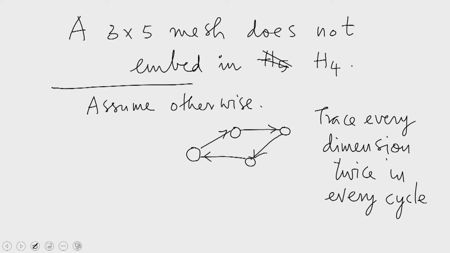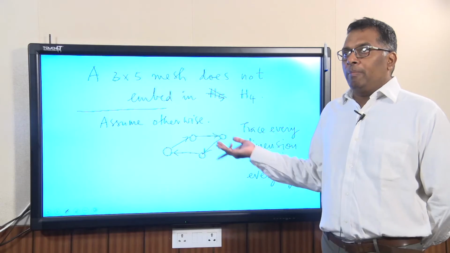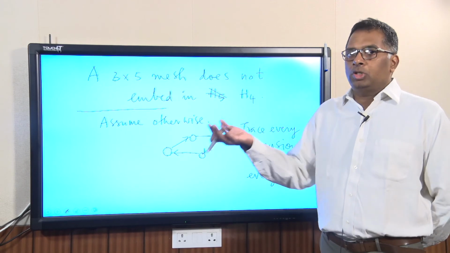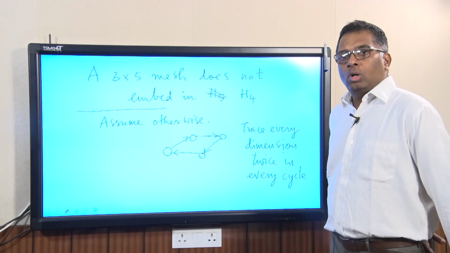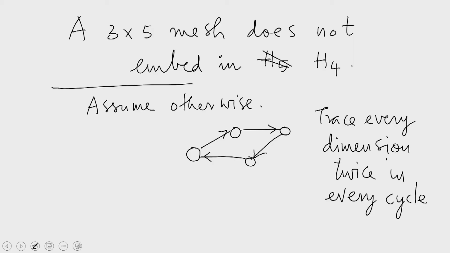That is because the cycle completes the loop and takes you back to where you began. Therefore, every dimension will have to be traced back and forth. If you have crossed a dimension, you will have to cross the same dimension back to get back to the original point. Therefore, every dimension that you cross will have to be recrossed in the opposite direction. So, every cycle of a hypercube has this property: every dimension is traced an even number of times, once in each direction.